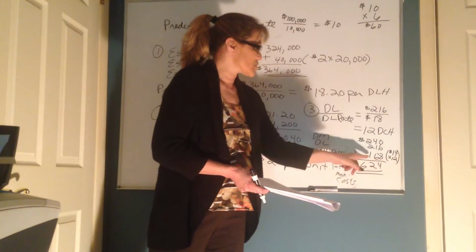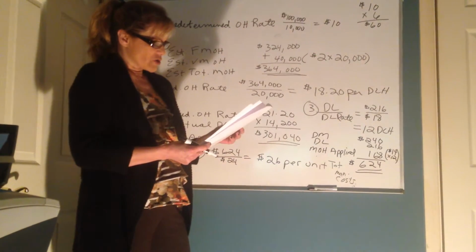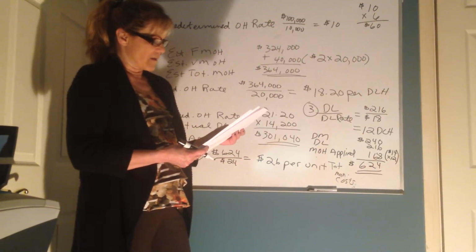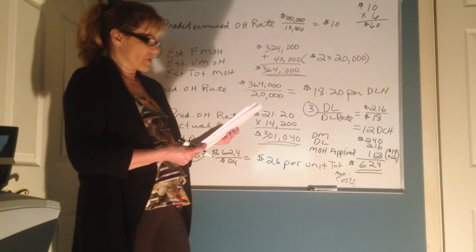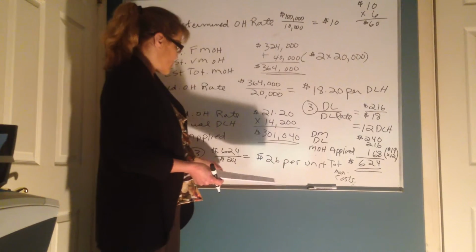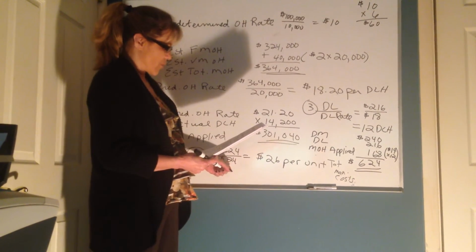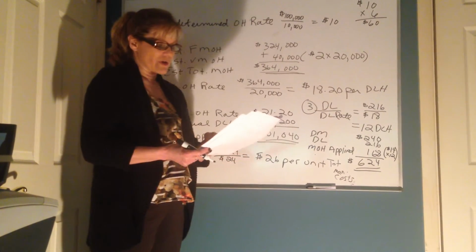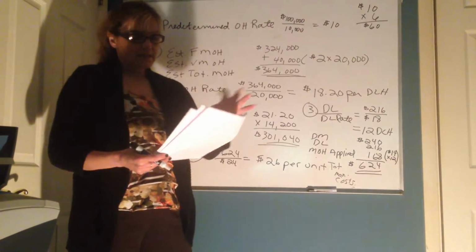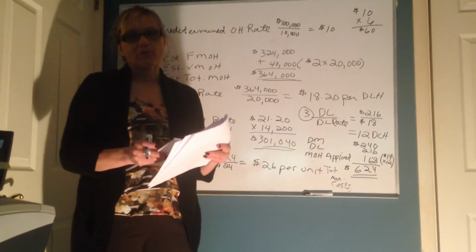So 14 times 12 is 168. The second part of the question asks, if job A300 consists of 24 units, what's the average cost assigned to each unit? We simply take our total cost of $624, divide it by 24, and that gives us $26 per unit. So that takes us through the first three homework problems, and now we will go ahead and move on to homework problem 4.